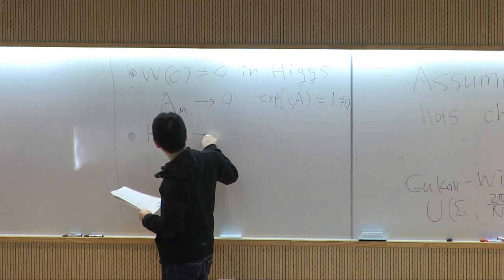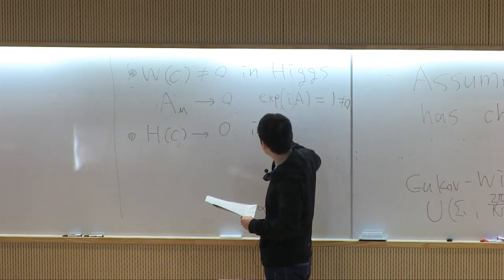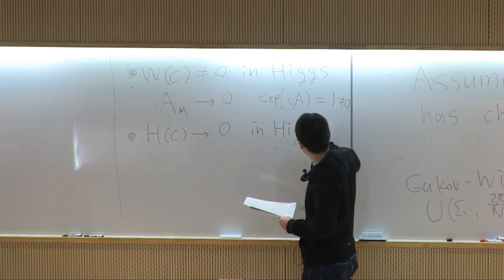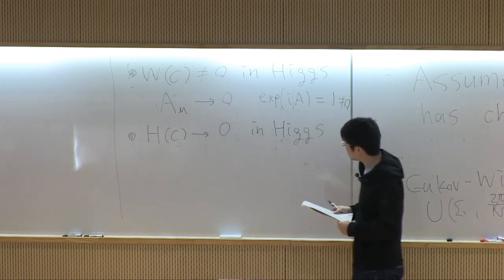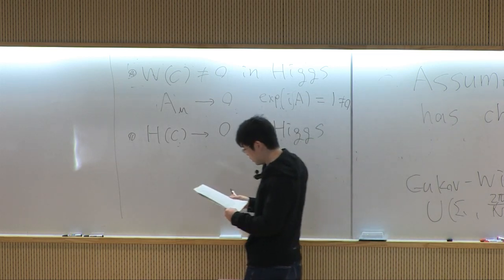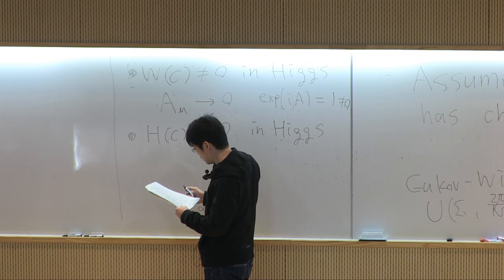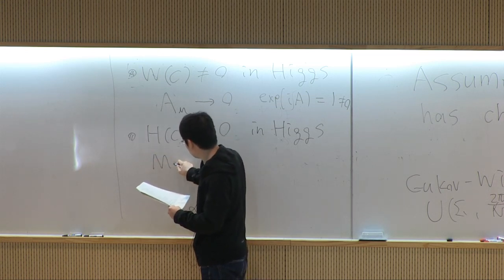On the other hand, the 't Hooft operator goes to 0 in the Higgs phase. This is known in superconductors. This is called the Meissner effect.